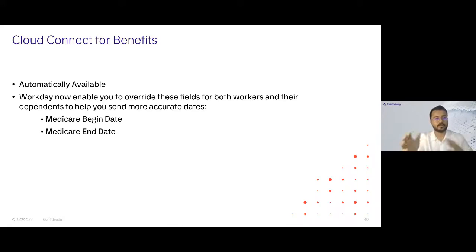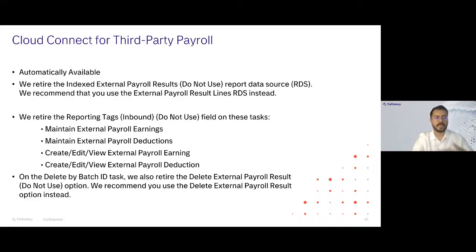Coming on to Cloud Connect for third-party payroll, they are retiring a few of the fields or data sources. One of them is the indexed external payroll results report data sources, and they are recommending that we use the external payroll result line RDS instead. I scratched my head in the GMS tenant trying to search, but I didn't get it.